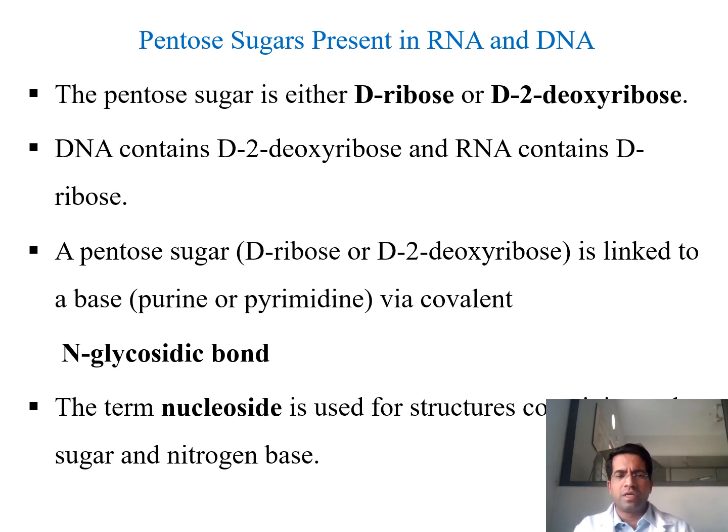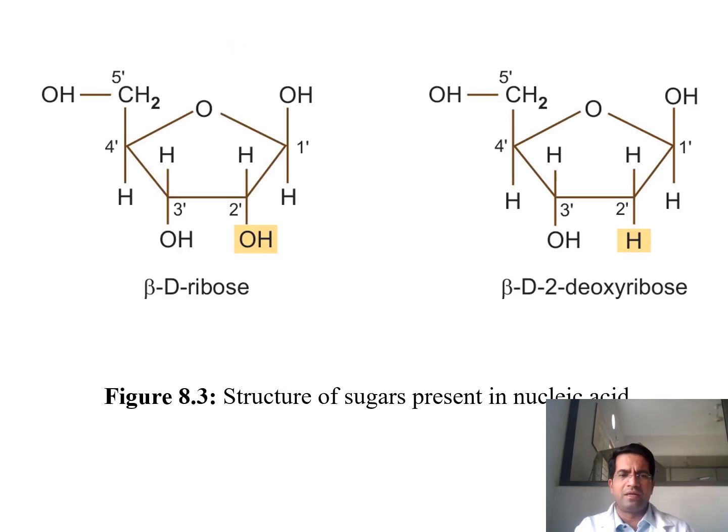The pentose sugar is linked to the nitrogenous base, which is a purine or pyrimidine, via an N-glycosidic bond. And one term is nucleoside. When the nitrogenous base combines with the sugar, it forms a nucleoside, and if you add a phosphate group to this, it becomes a nucleotide.